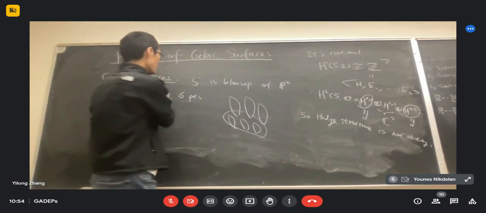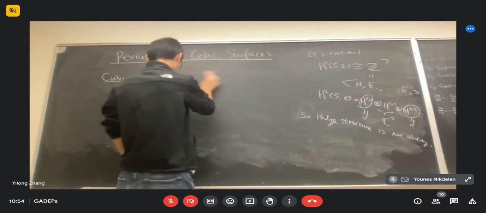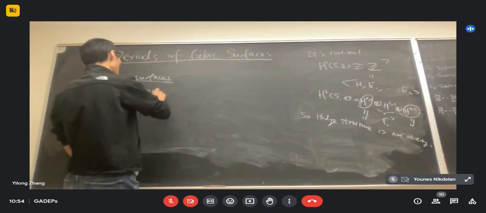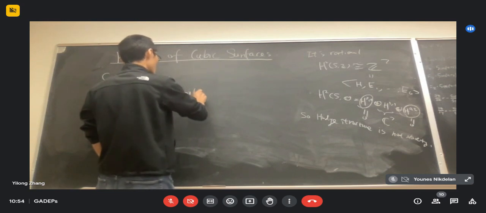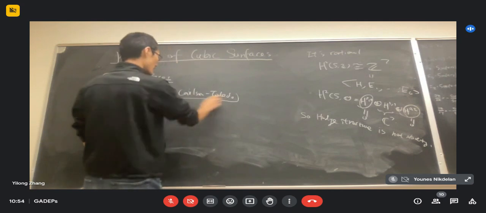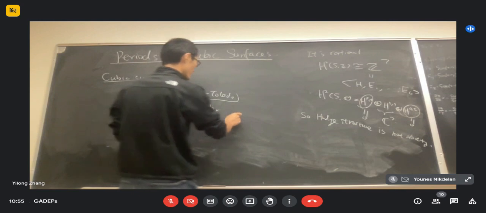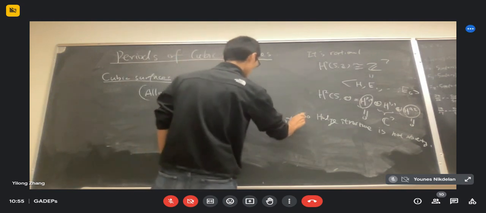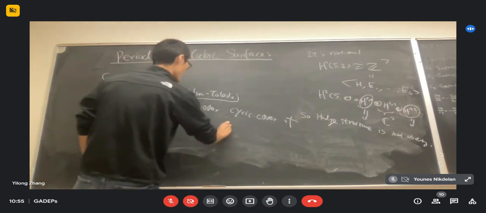However, there is a very interesting point of view by Allcock, Carlson, and Toledo, that one can consider a cyclic cover of P3 along this cubic surface.